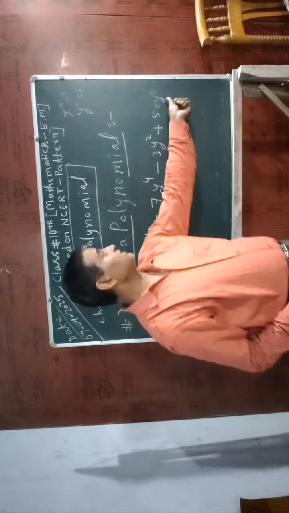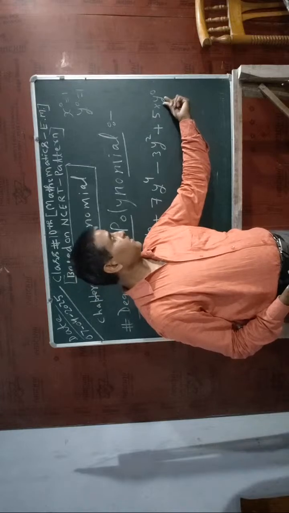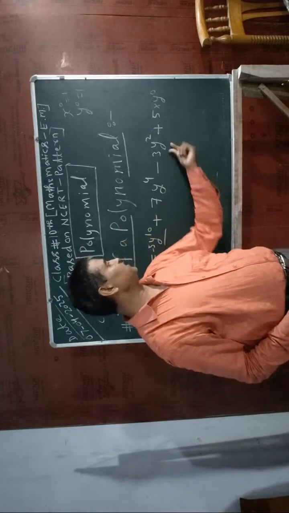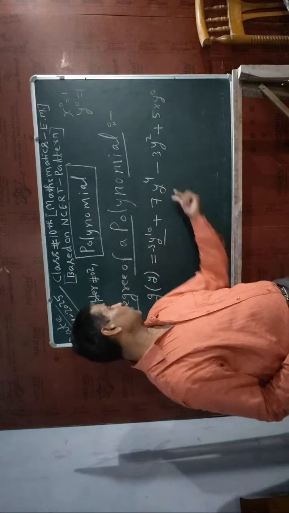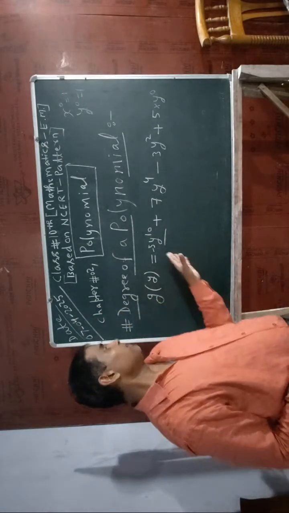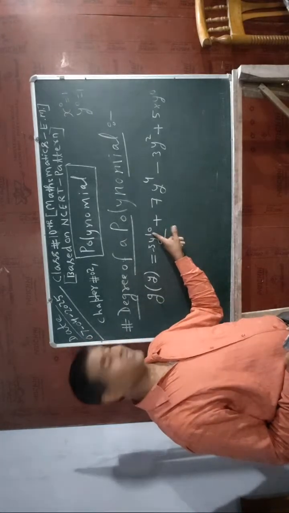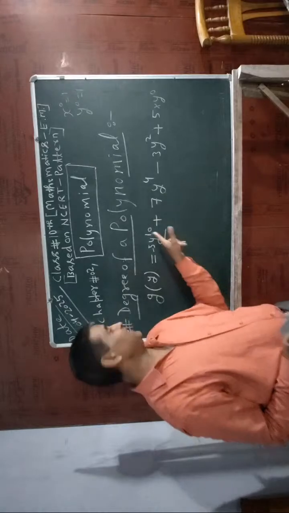So here the degree of this term is 0, this is 2, this is 4, and this is 10. So the degree of the polynomial will be the maximum power of the variable. The maximum power in this polynomial is 10.